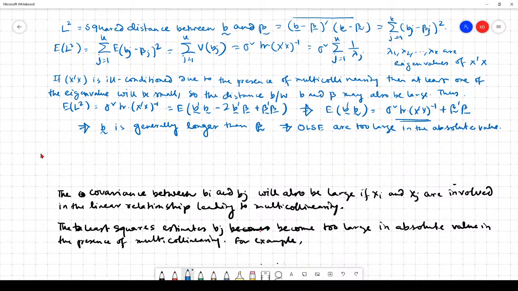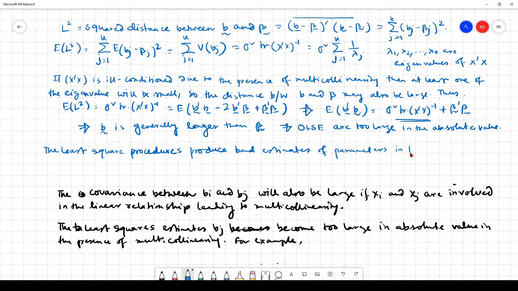Hence, we can conclude that the least square procedure produces bad estimates of the parameters in the presence of multicollinearity.